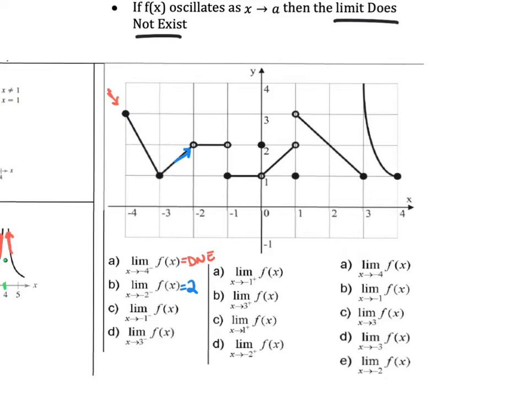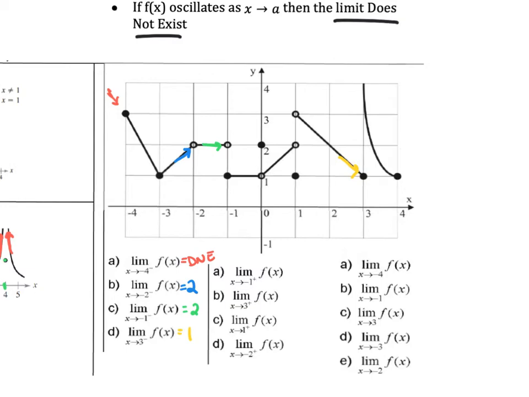Part C, we want the limit as x approaches negative 1 from the left. Our y values are again approaching 2. For part D, we want the limit as x approaches 3 from the left, and our y values are approaching 1.